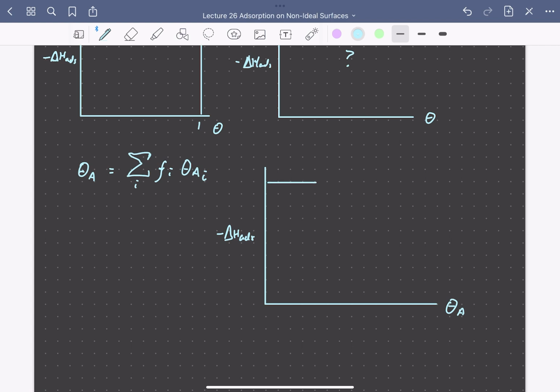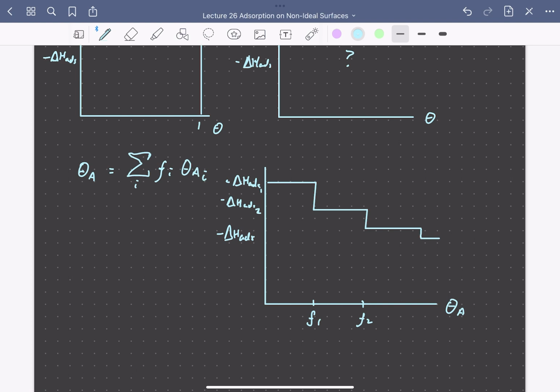So let's say we have one fraction, which we'll label F1 here, that has one fixed heat of adsorption, which we'll label minus delta H of adsorption 1. Then we'll have some other fraction of the surface that again has a fixed heat of adsorption but a different one, so we can label it minus delta H of adsorption 2. We'll label this F2, and so on until we populate the entire surface.